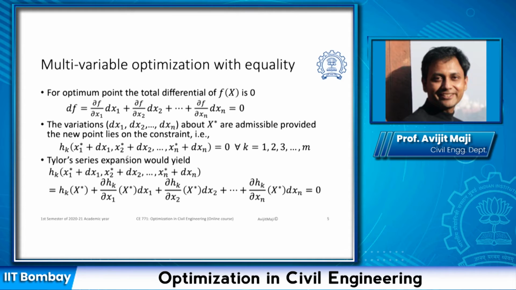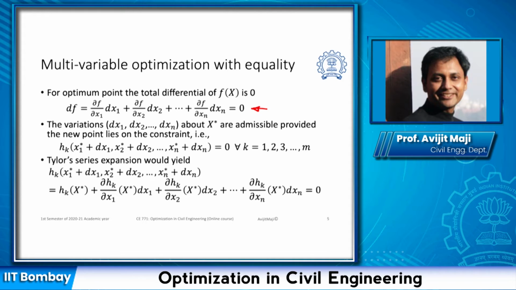So if it is 0, then any variation about the point where the first order derivative of my objective function is 0 is also going to be admissible, and the new point indicating the variations should also lie within the equality constraints.